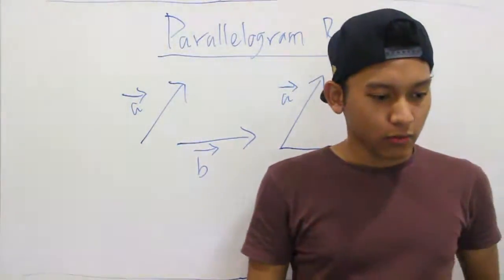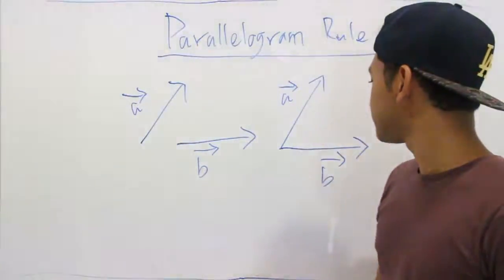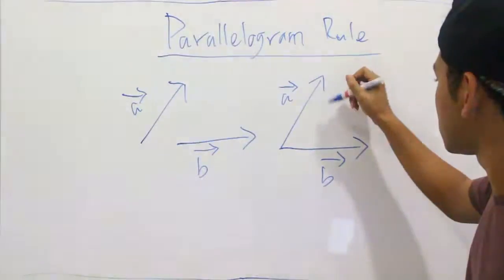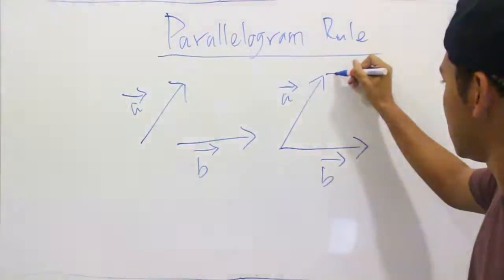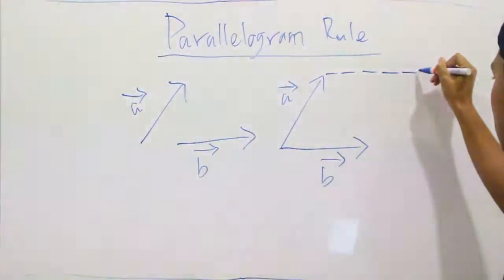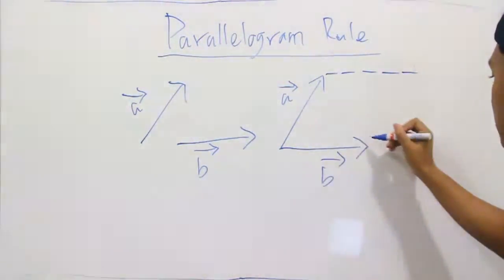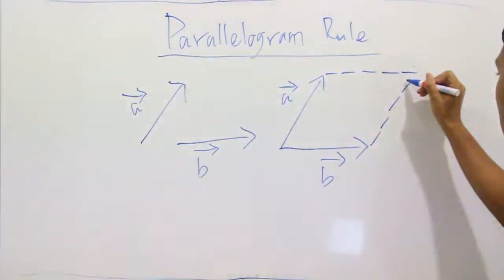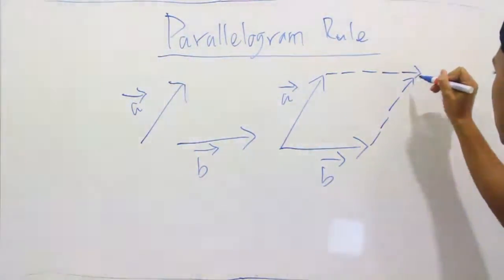Now we build a parallelogram using both of these sides. I'll use the dotted line, and then we build a parallelogram as shown.